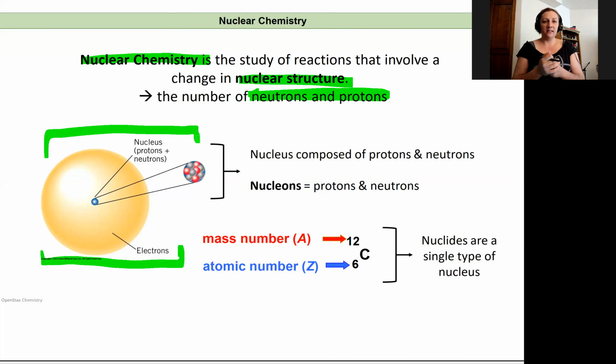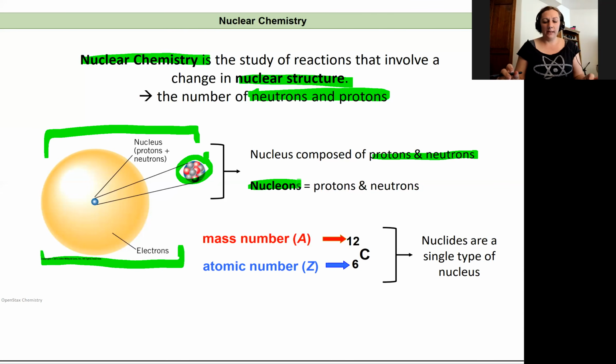And that nucleus is composed of protons and neutrons. And we call these nucleons. So it's a new word for us. Nucleon refers to either a proton or a neutron. It's a way of saying a generic subatomic particle with mass. And in the scope of this class, we're going to keep our discussion of subatomic particles to electrons, protons, and neutrons, so we could dive a lot deeper in another class.